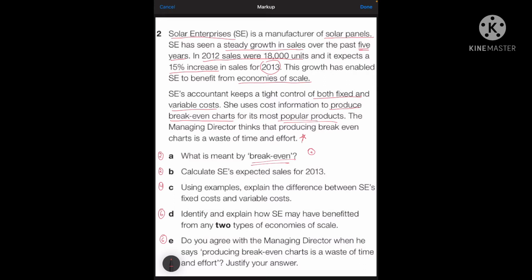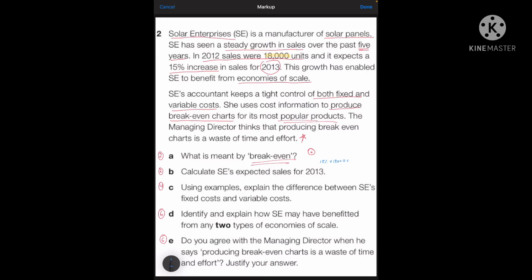Then calculate SE's expected sales for 2013. So for calculating the sales, I've given you the information that there's a 15% increase in 2013. So in 2012, it was 18,000, right? Now there is an increase. So what you have to do is, you can do 15% into 18,000.